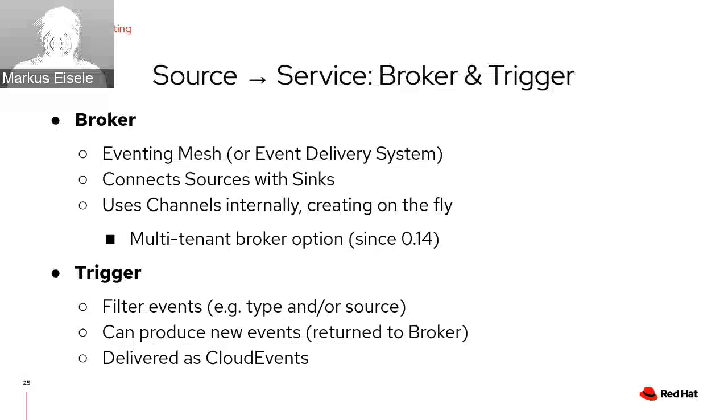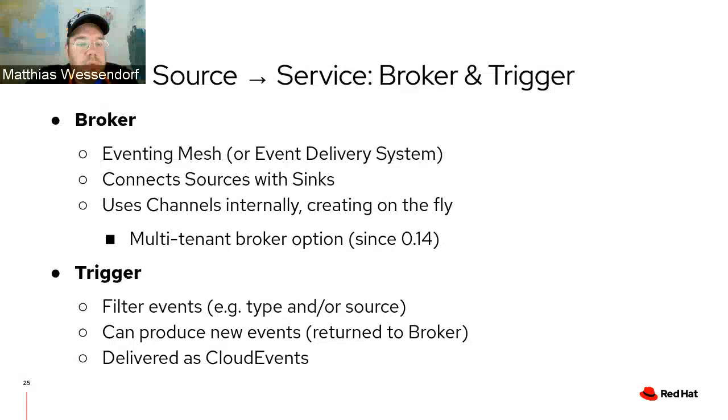Yeah, the Knative broker is really the eventing mesh. That is the thing that is distributing all of the events based on the trigger. It's not really related to a broker in the sense of the messaging brokers that you may be confused with. However, the broker uses a channel underneath the scenes for the distribution of all of the messages.